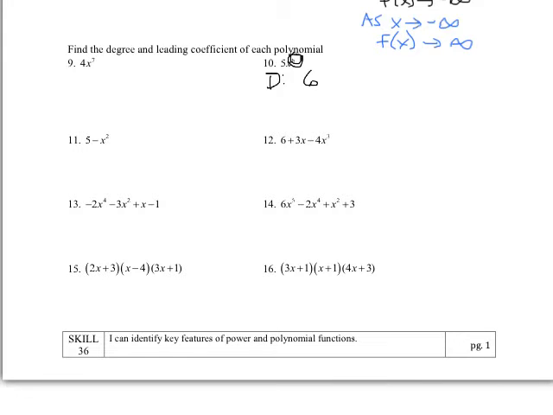In problem number 12, we have 3 terms, but the highest one is the 3, so our degree is 3 there. In problem 14, we have 1, 2, 3, 4 terms, but our highest one is a 5, so our degree is 5.